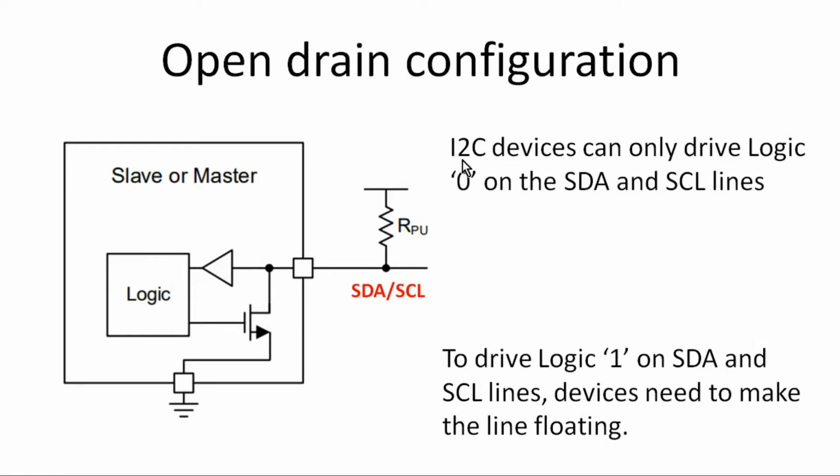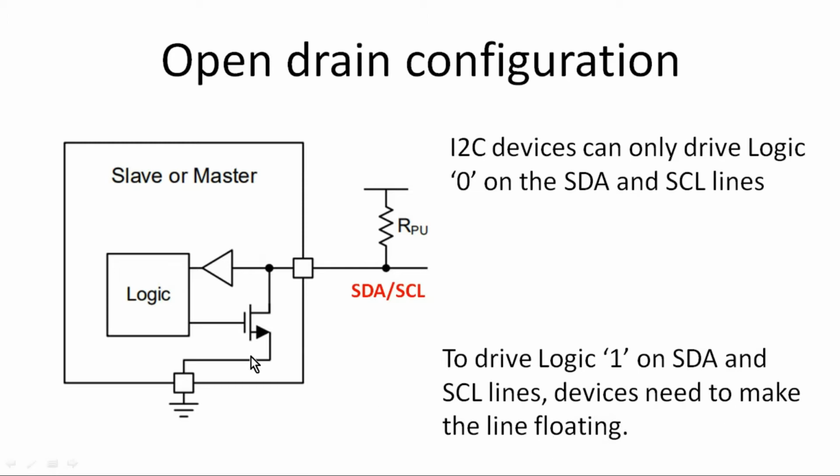Friends, as per the I2C protocol, I2C devices can only drive logic 0 on the SDA and SCL lines. In case a device wants to drive logic high on the SDA and SCL lines, it needs to make the line floating.